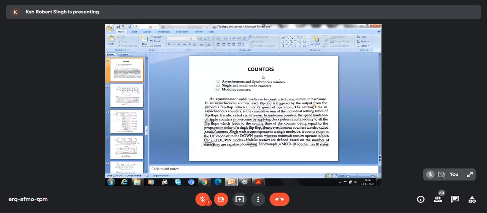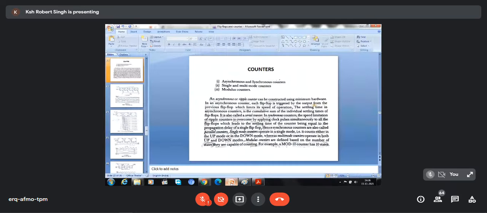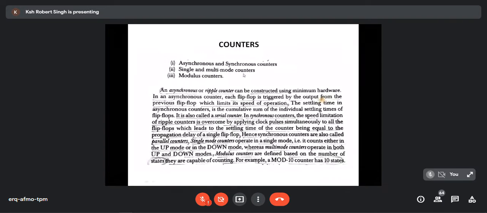Synchronous counter means all the flip-flops available in the counter will be triggered by the clock pulse, and will work together simultaneously.